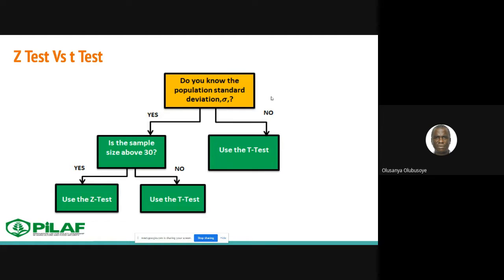So most often, you must know the standard deviation of the population before you can use the Z test, and the sample size also must be large, that is, greater than 30.